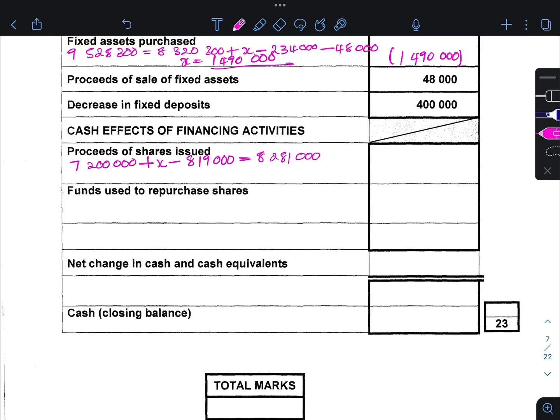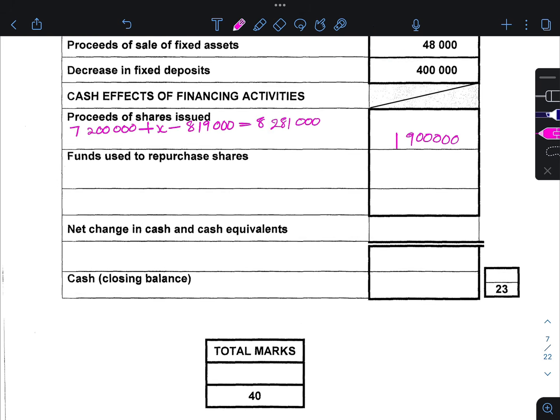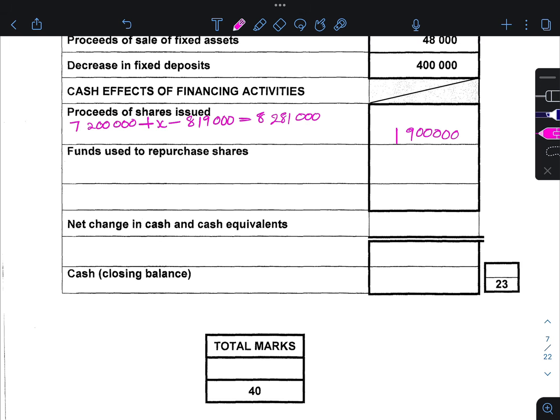So if we solve for X, I'm getting 1,900,000. So it is not an outflow, it's an inflow because we issued shares and we received money. You can even show your calculation where you solve for X and so on, but that is just going to waste our time.